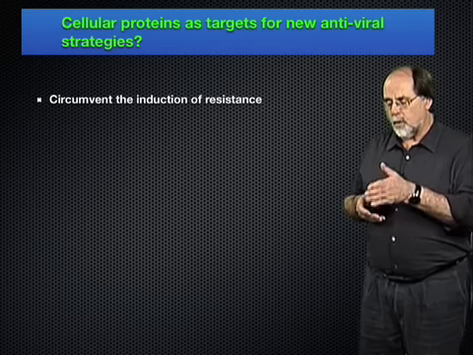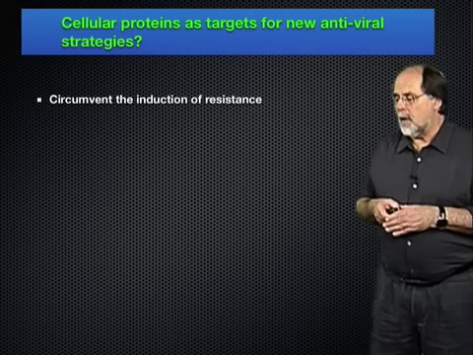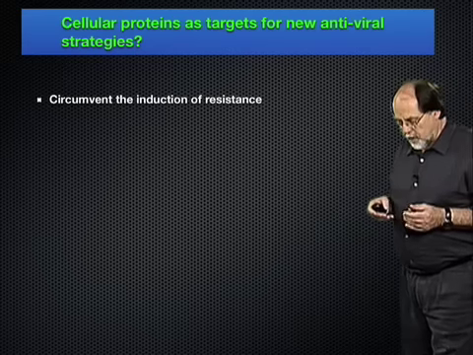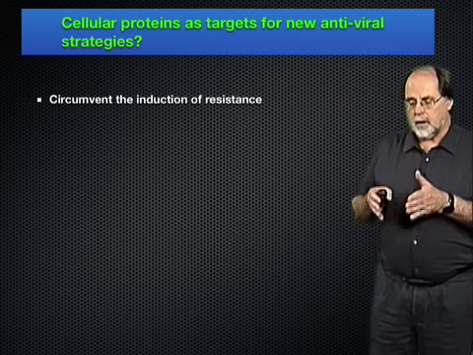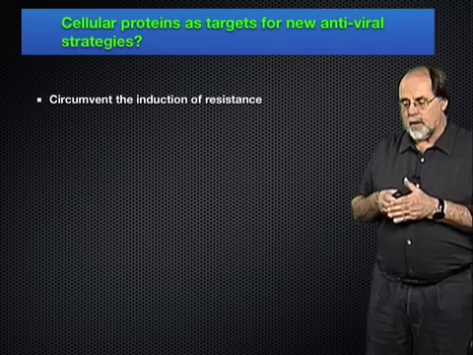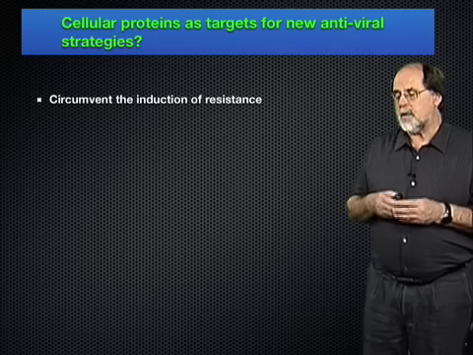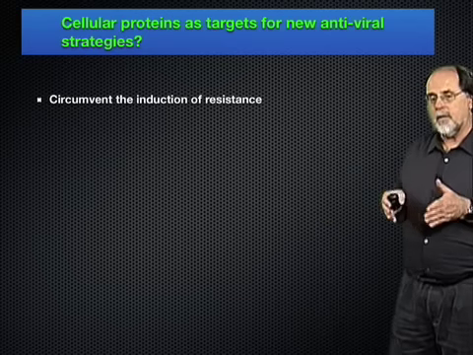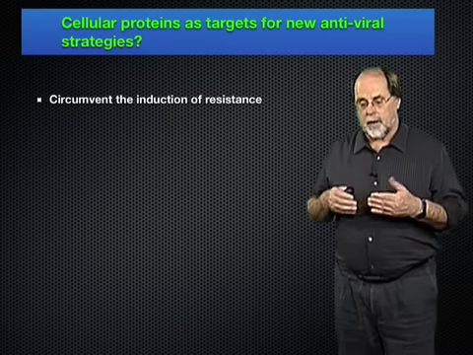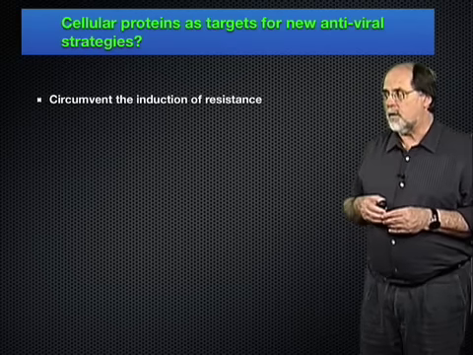We would then be able to block infection, like we did with many of these drugs shown here, and we would have a totally new situation, because viruses normally circumvent the action of antiviral drugs simply by mutating and becoming resistant to those drugs.